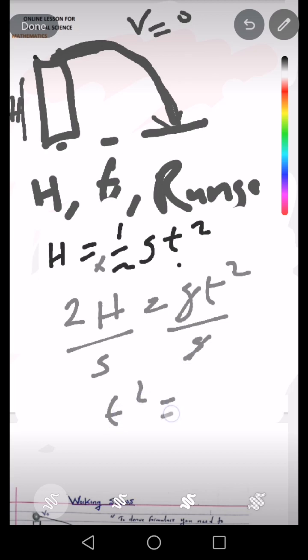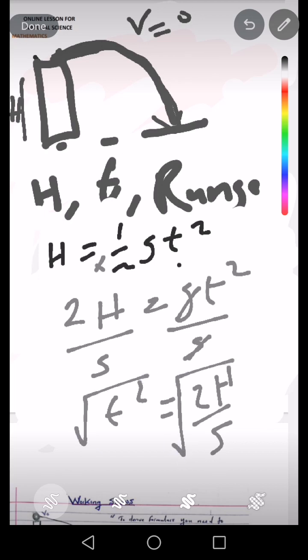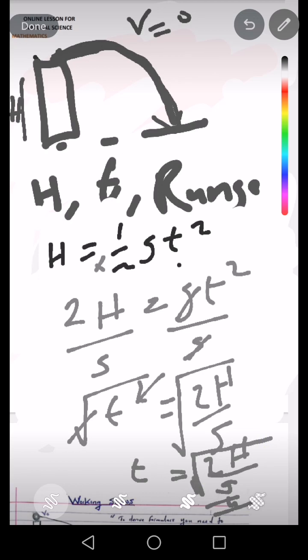So t squared is equal to 2h over g. Finally, take the square root, so t will be the square root of 2h over g. Do not forget the square root here. That is the formula for time. That's all. You just need to know the formulas for motion in one dimension, so any question they ask you will be very easy and simple.